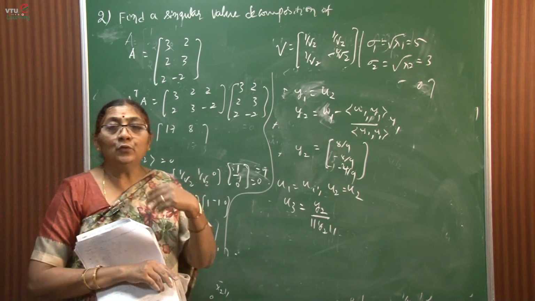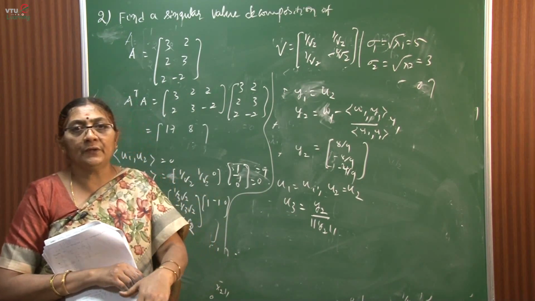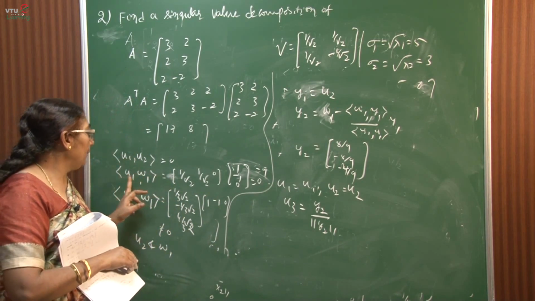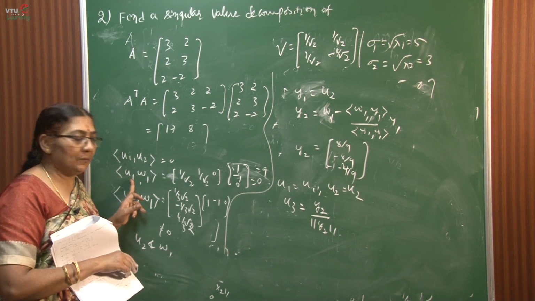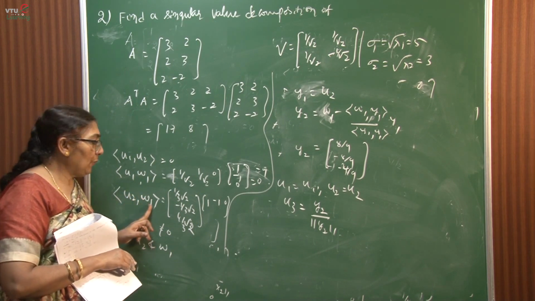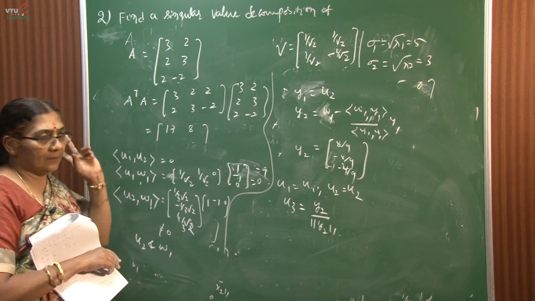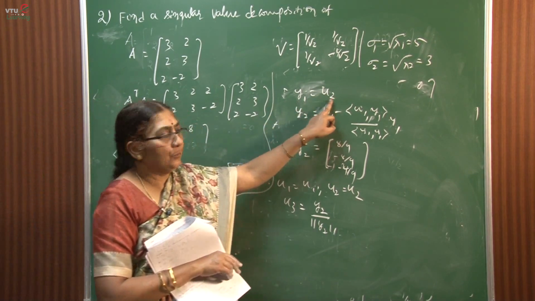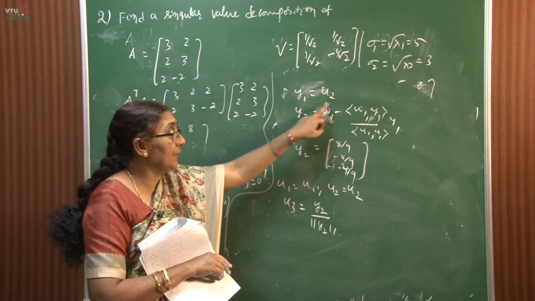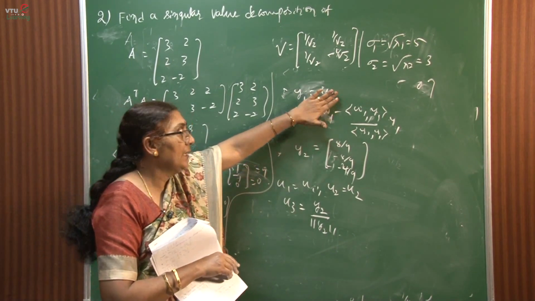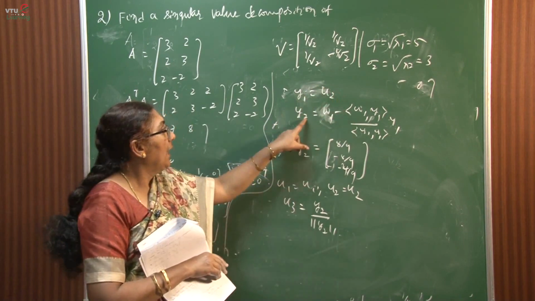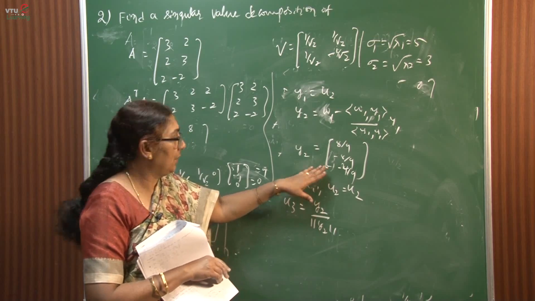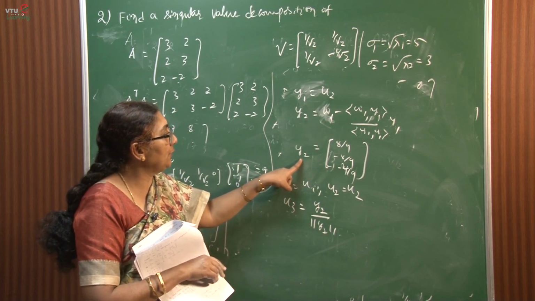Therefore I took u1 transpose into x equal to 0, and from that we get w1. Along with u1 it is 0, but along with u2 it is not 0. Therefore I took u2 and w1 separately and applied the Gram-Schmidt process. Initially y1 is u2, and y2 is w1; using this formula we calculate y2.